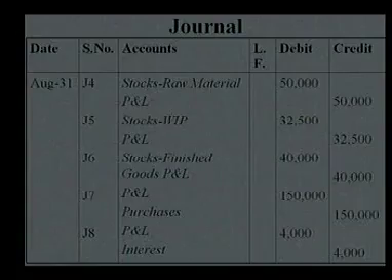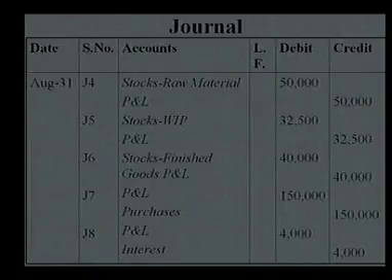That means, in other words, we are concerned now with the revenue and expense part. Besides this, we also want to take stock of our raw material, our work in progress, and our finished goods stock. For this, we again need to record them in the journal first, because the journal is the record of first entry.